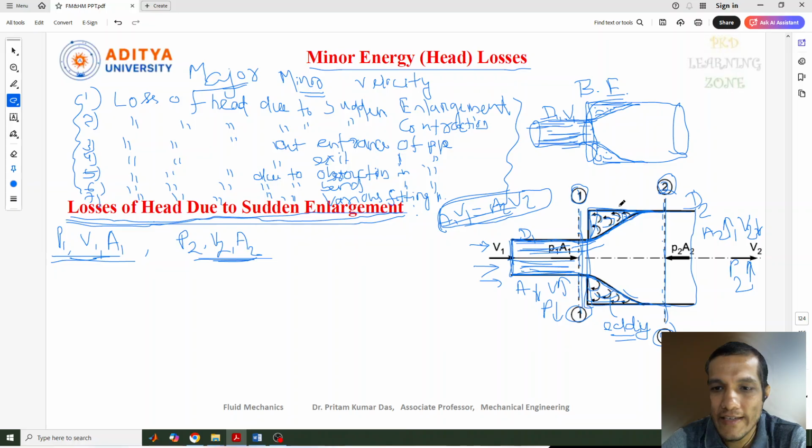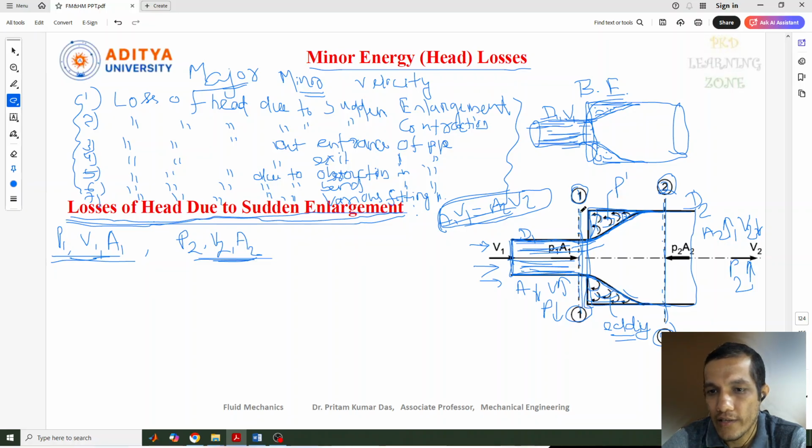This eddy formation will also give a pressure on the fluid flow, so there is also one pressure, that is, the intensity of pressure in the eddies on the area.